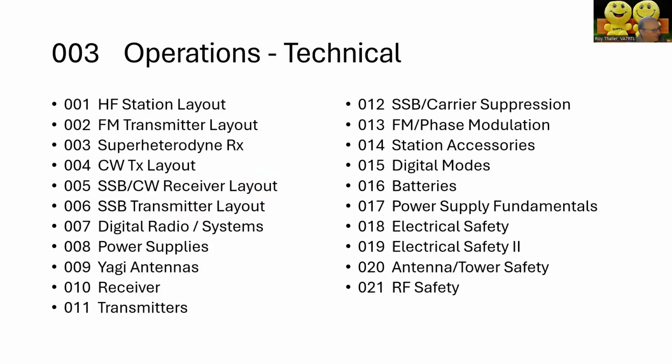So that concludes section 2. Next week, we'll get into more of the operational technical sides of radios. This is where most of the changes to the exam have happened, in that you don't have to know the layout. The layout is actually given to you as a study aid that you can take with you into the exam.